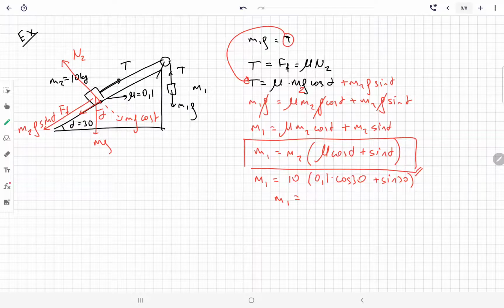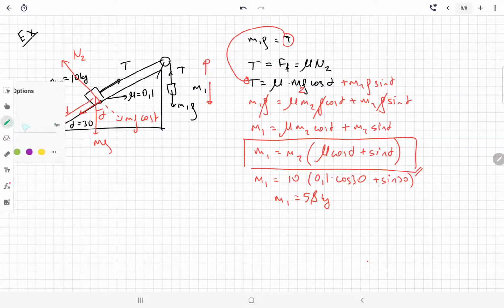Cosine 30 times 0.1 plus sine 30. 5.8 kilograms. Now this is the limit of the mass when it will start moving downward. Now when we have a smaller mass, it will start its motion upward.